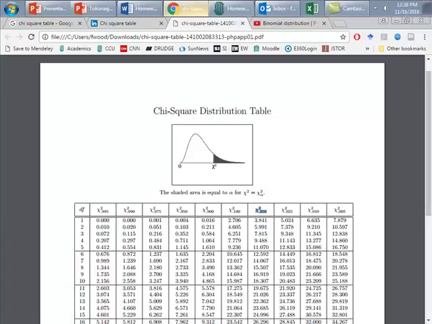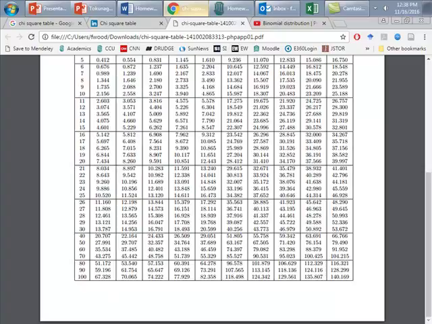We have our old friend degrees of freedom here. And this one that I gave you goes up to 100.